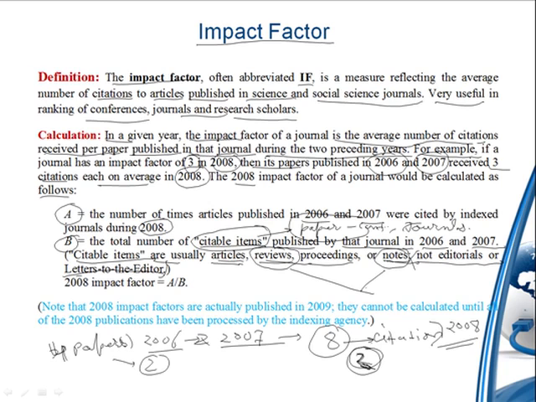But this calculation contains a lot of loopholes. For example, after publishing 4 papers during 2006 or 2007, a journal found that their citation count is just 5. So what they did, after that they wrote some editorials and cited each paper.